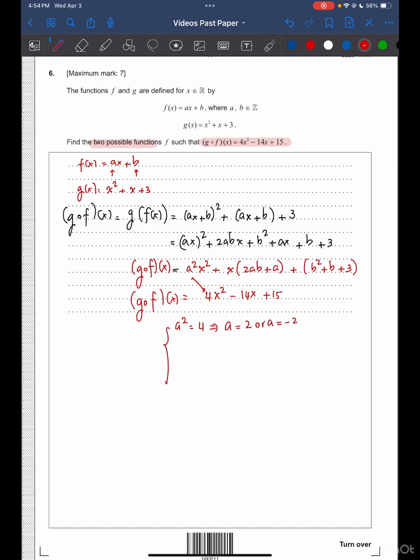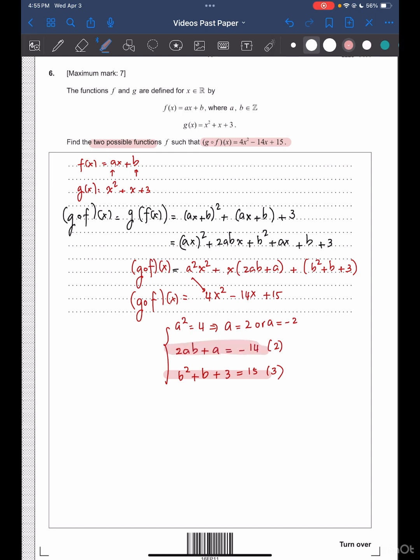And 2ab plus a is equal to negative 14, and b squared plus b plus 3 equals 15. For these I'll denote them 2 and 3. To find b we don't have to use the third equation because we already can get b from the second.